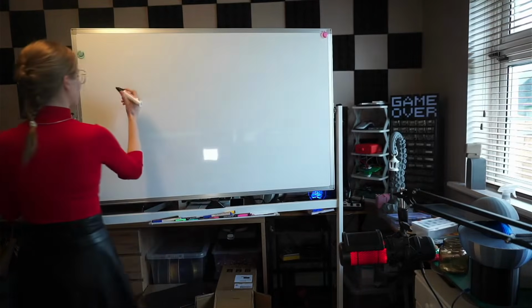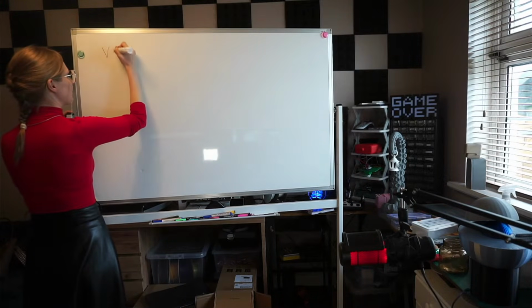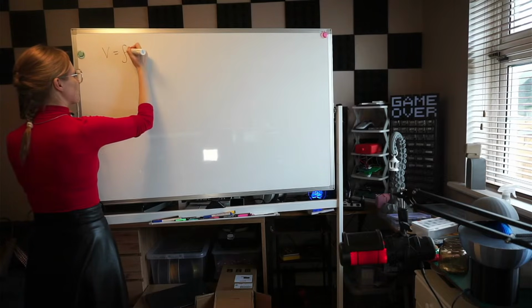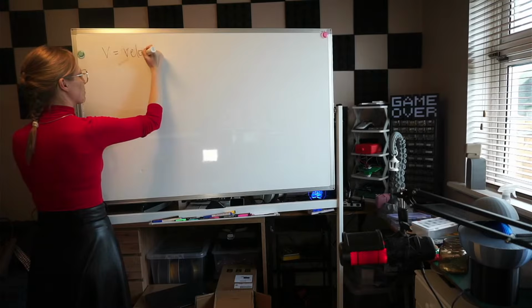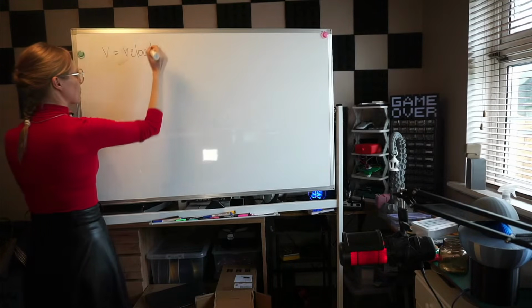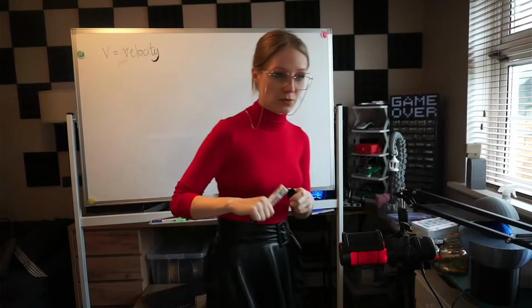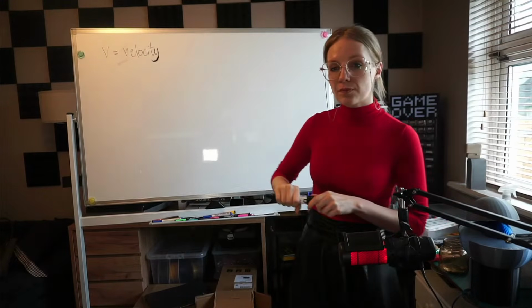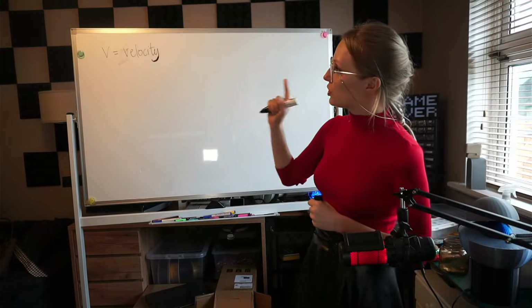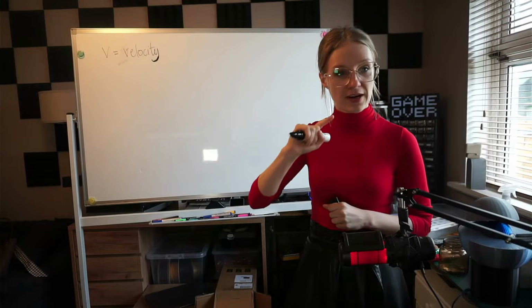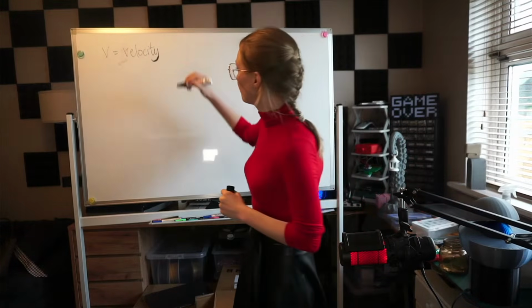So V is going to stand for velocity, otherwise known as speed, okay? Now, specifically, I'm actually going to use this notation for a very, very specific type of speed.